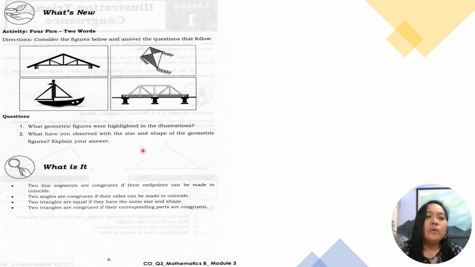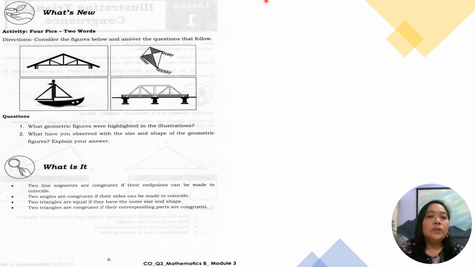And number 2, what have you observed with the size and the shape of the geometric figures? Explain your answer. I want you to answer the guide questions on the activity sheet that is provided by your teacher. Now, you may begin.